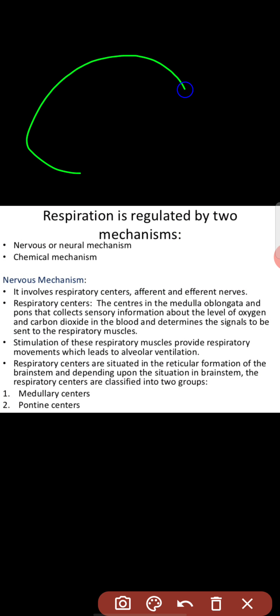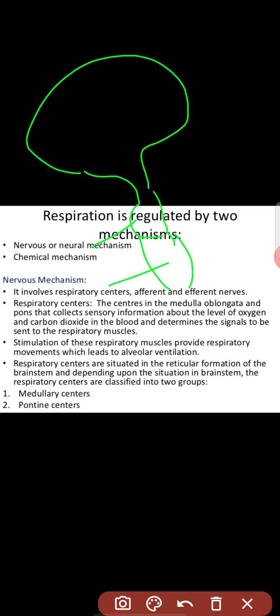Here is your brain, here is the midbrain, medulla oblongata and pons. The medulla oblongata and pons have the respiratory regulatory centers, which receive impulses from the different respiratory muscles and perform their function.